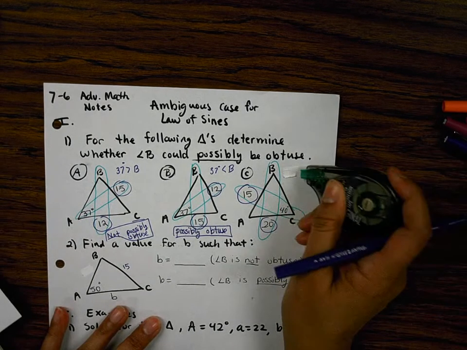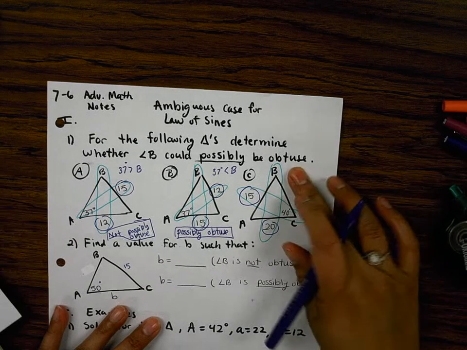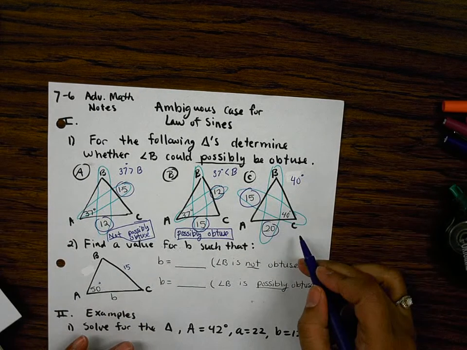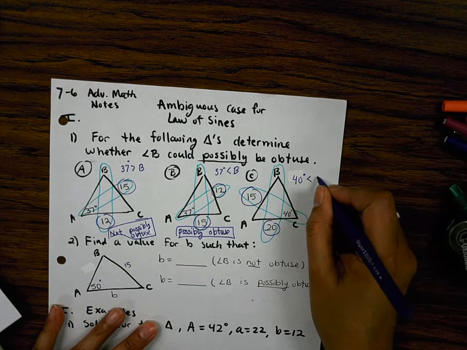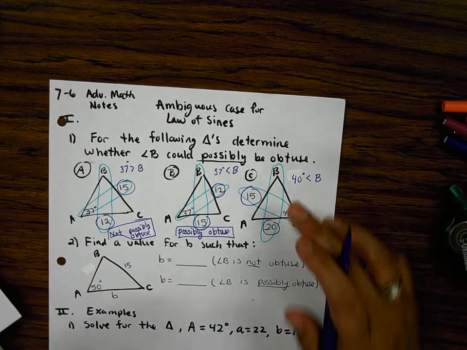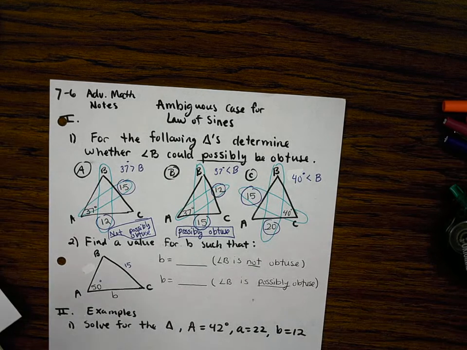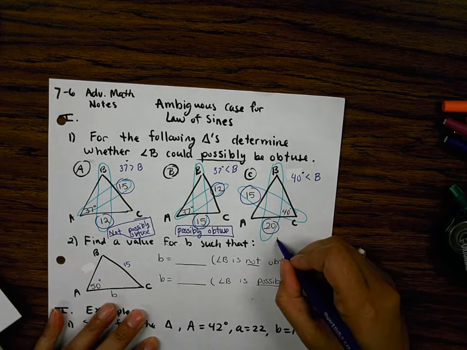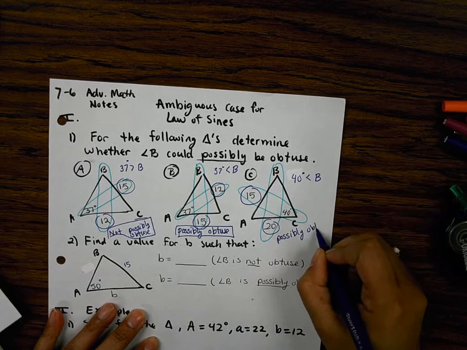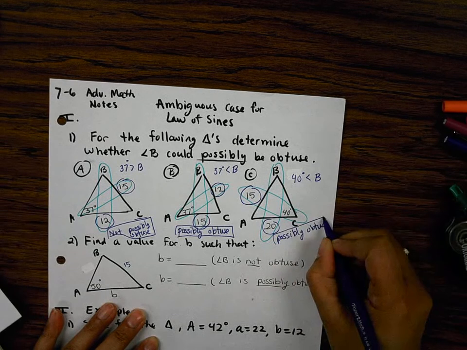So since 15 is smaller than 20, that means 15's corresponding angle, which is 40 degrees, is going to be smaller than angle B, which means angle B is possibly obtuse. If B is bigger than 40 degrees, we do not know how much bigger, it is possibly obtuse.